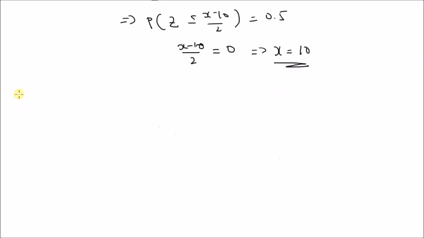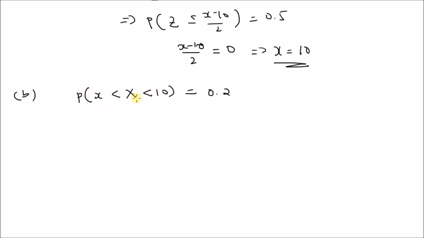Let us look at another example. We have probability of lowercase x less than the random variable X less than 10 is equal to 0.2. Given this equation, we want to solve for the unknown value x.